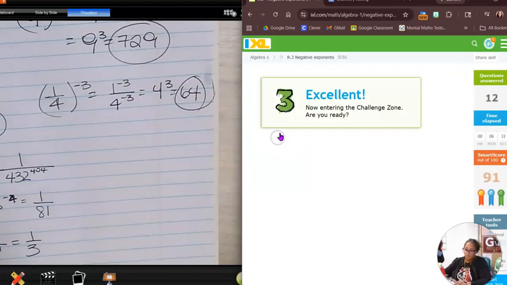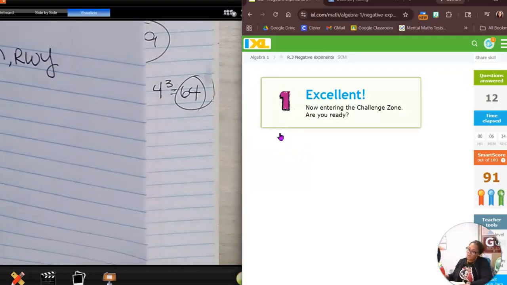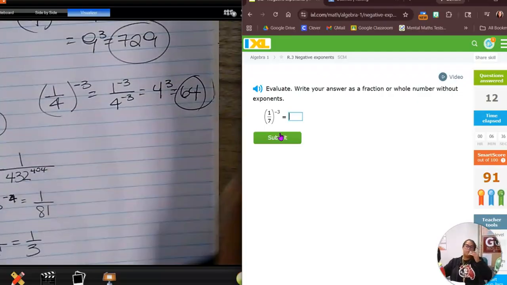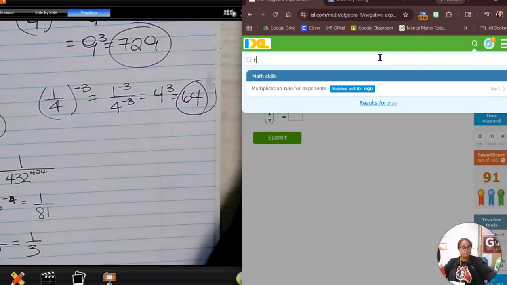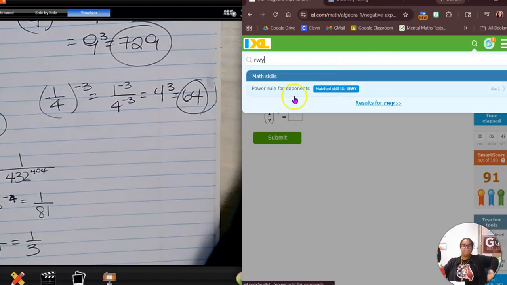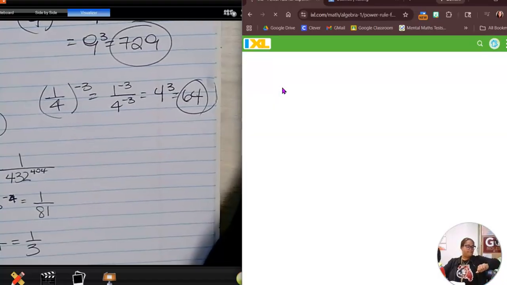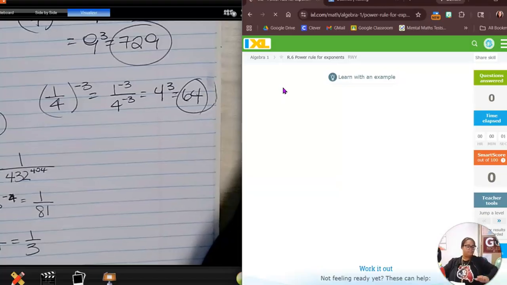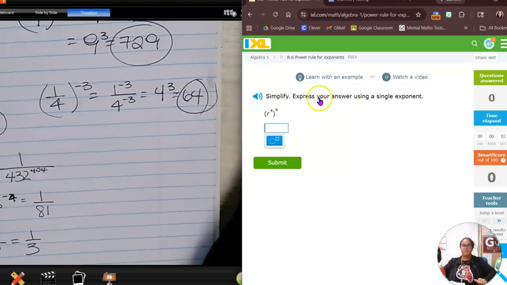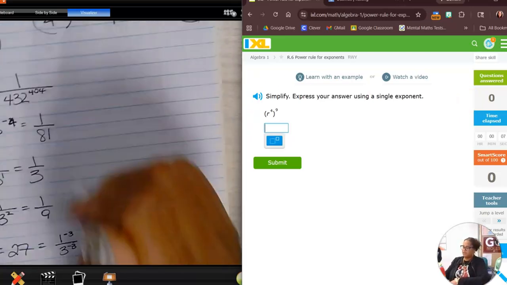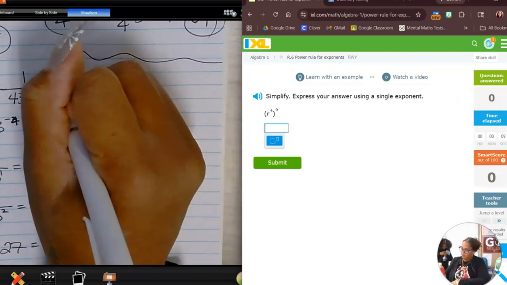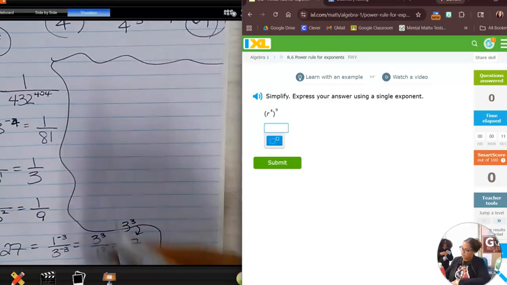All right. Who was the other one? RWY. Simplify, express your answer using a single exponent. Okay, so this is the power of a power rule.